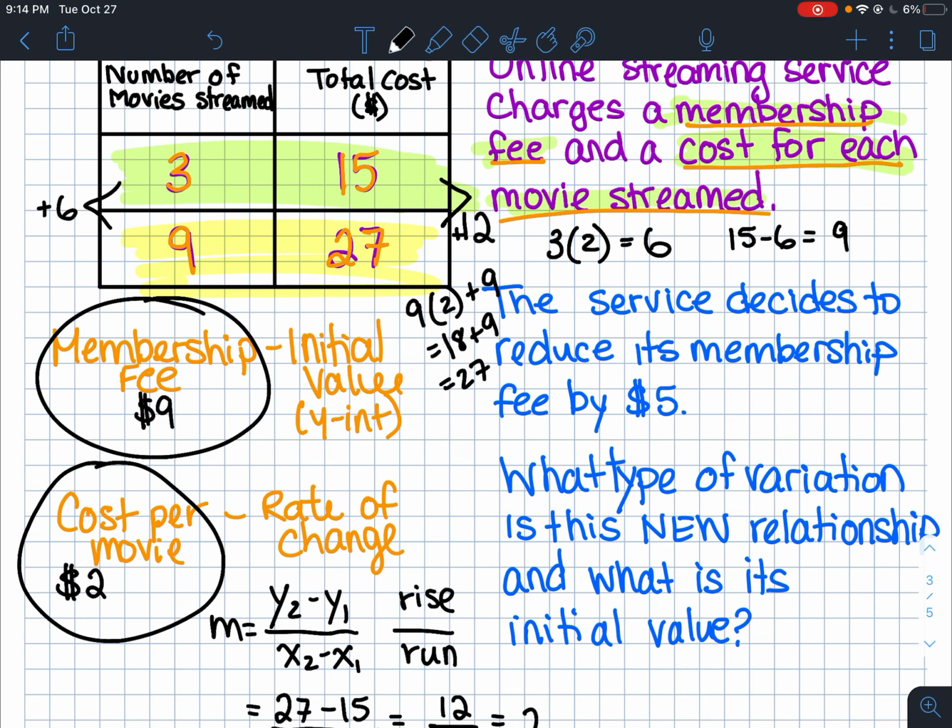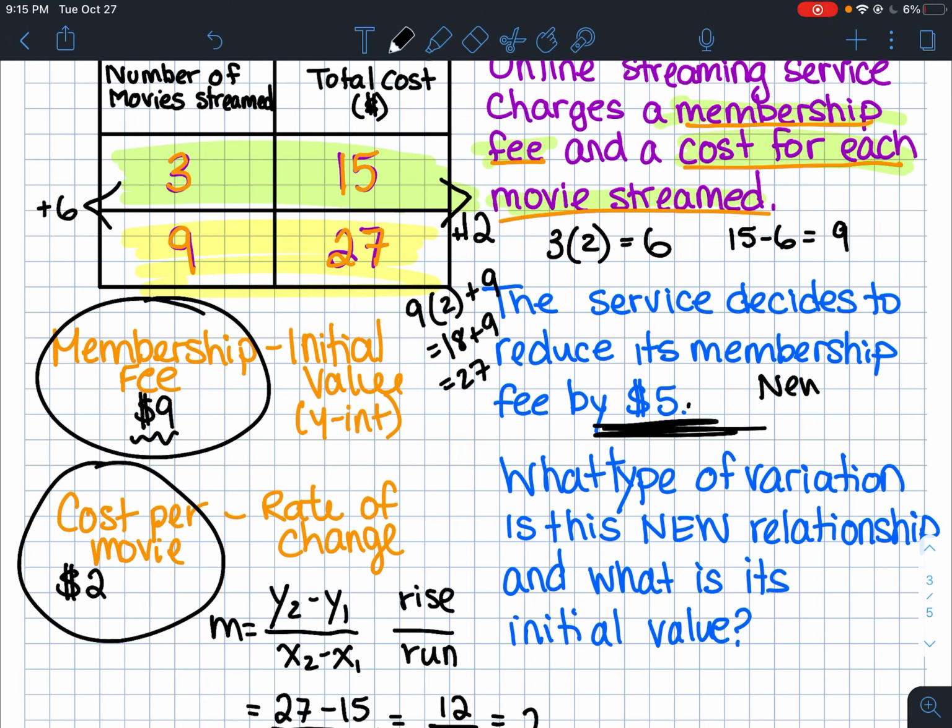All right, so the next question says the service decides to reduce its membership fee by $5. What type of variation is this new relationship, and what is its initial value? If the service decided to reduce its membership fee by $5, its original one was $9.